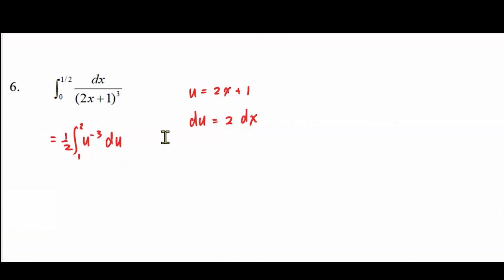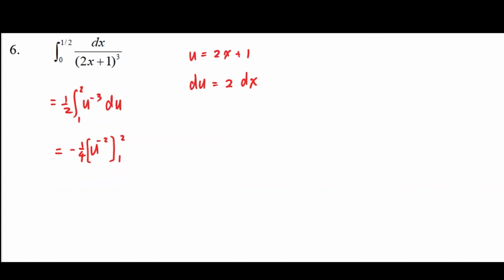Now, after this, in a definite integral, we never come back to x. We just substitute this. So that is equal to now u to the -2, therefore -1/2, right? Combine it with this. You with me? And then 1 to 2. So far so good?